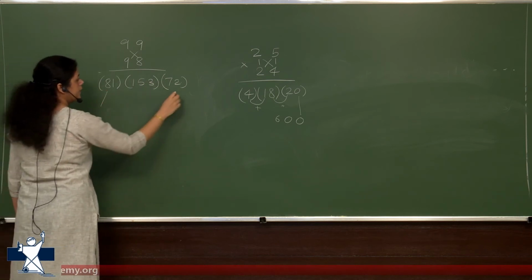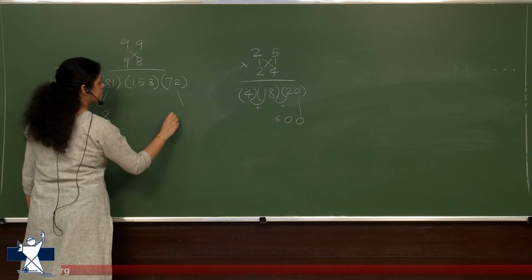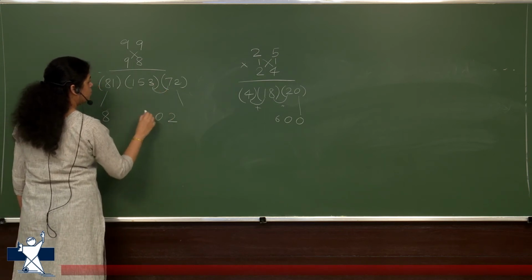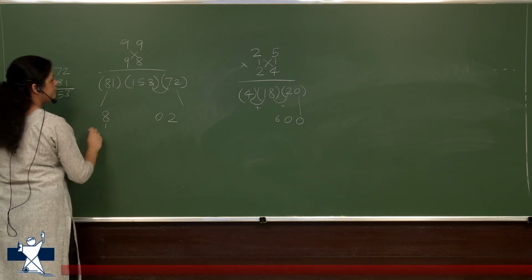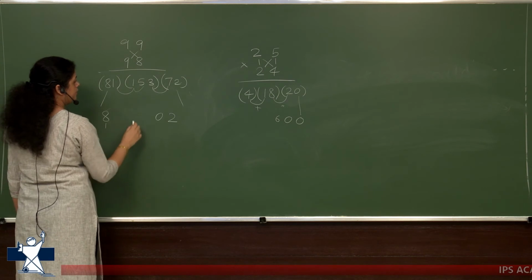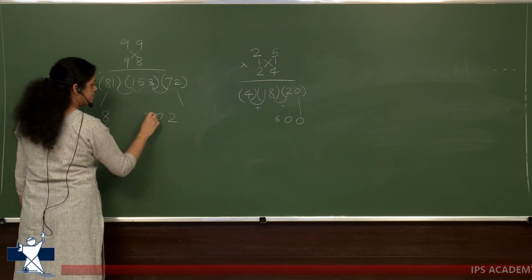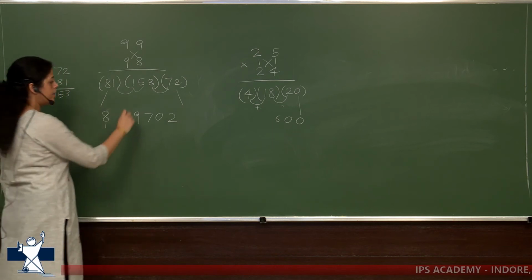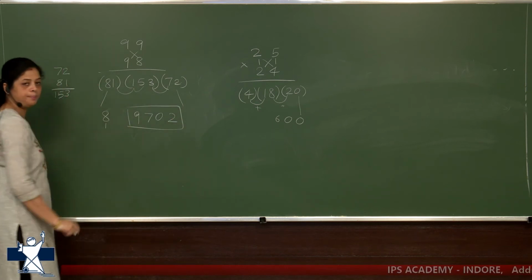We keep 8 aside, 2 aside. यहाँ पे 7 plus 3 add करेंगे, 10, 0. Carry over 1 will be added here. Remaining digits 1 plus 5, 7, and 8 plus 1, 9. So 9702 will be our answer for 98 into 99, right?